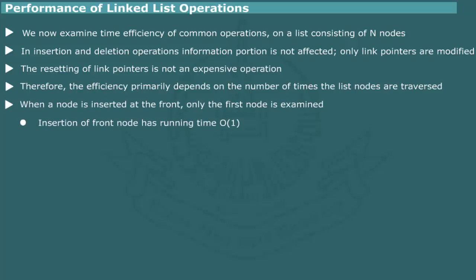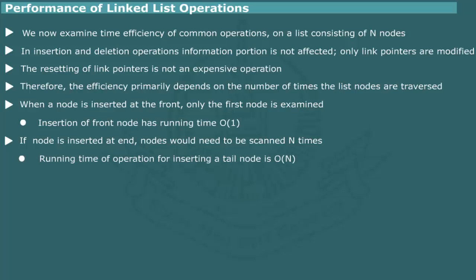When a node is inserted at the front, running time does not depend on the size of the list. Thus, the operation has running time O(1). If a node is inserted at the end, the nodes would need to be scanned n times, and at each step, one comparison of link pointer is made.